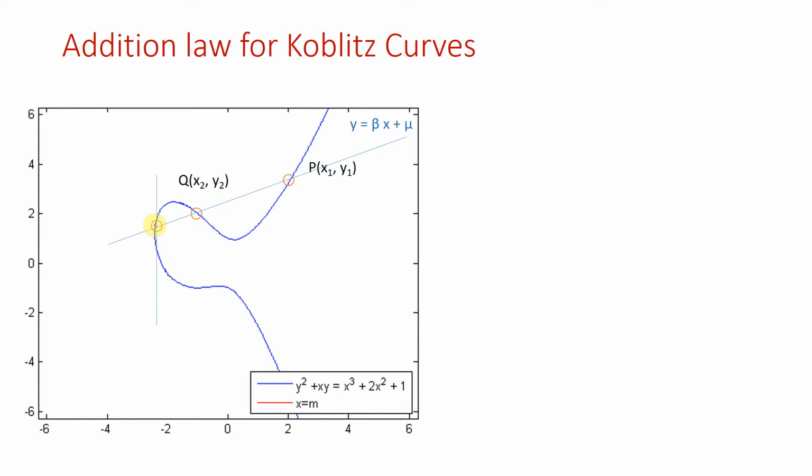For now, I don't know its coordinates, and I will find its negative point. Let's say its negative point's coordinates are x3 and y3. In the previous slide, I found the negative point calculation. In this case, minus R point's y coordinate is equal to minus x3 minus y3.